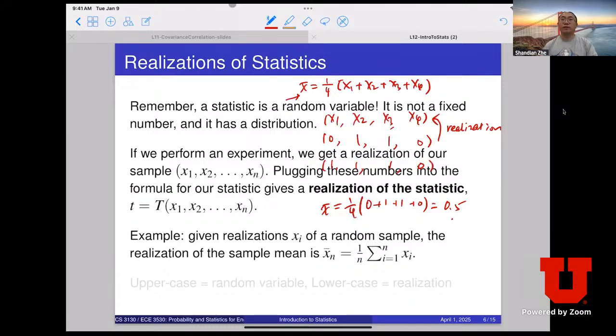Then I evaluate my sample mean statistic on this new realization and get another realization of my sample mean, which is 1/4 times 1 plus 1 plus 1 plus 0, which is 0.75. So you see that the realization of the sample mean can change with different experiments. So it is essentially a random variable. Any question now?